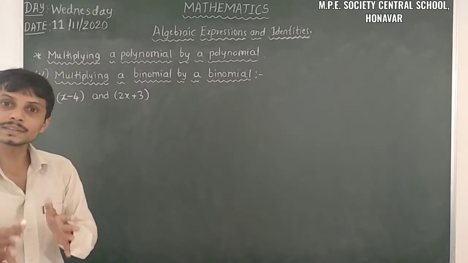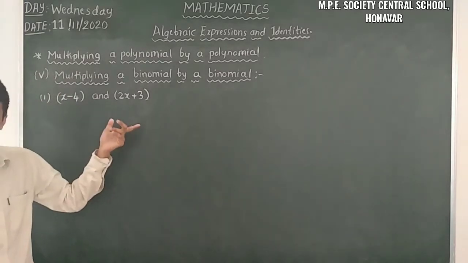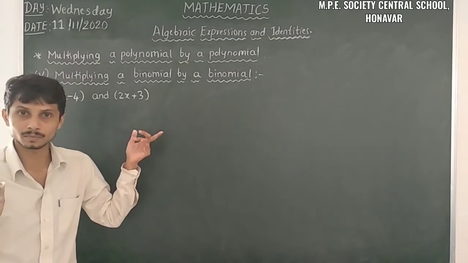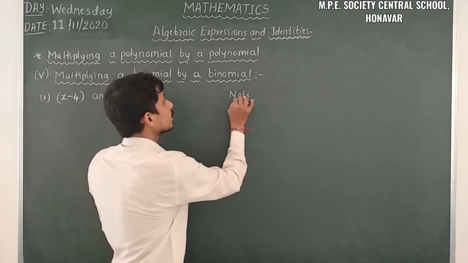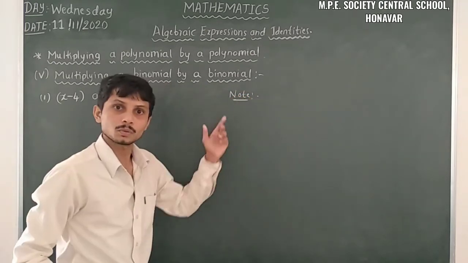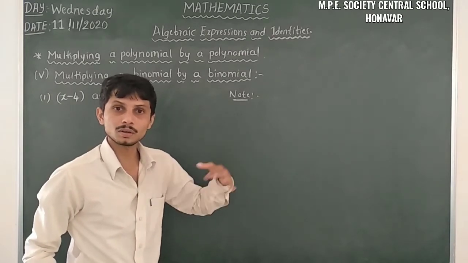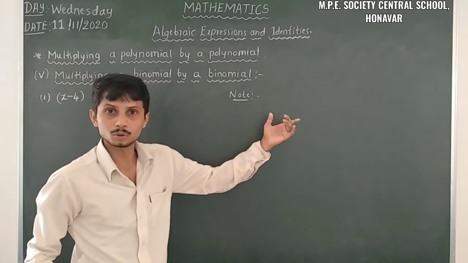Here the step is very simple. Initially, you have to consider one of the binomials as a monomial. So this is the note. Don't write it in every problem, only you have to know it. But you have to write it in the examination, so at that time this note will be helpful to you.